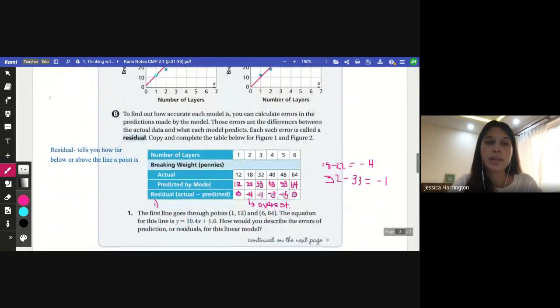So now copy that down, because I'm going to redo this for figure 2. I don't have another chart, but you guys can draw another one real quick.